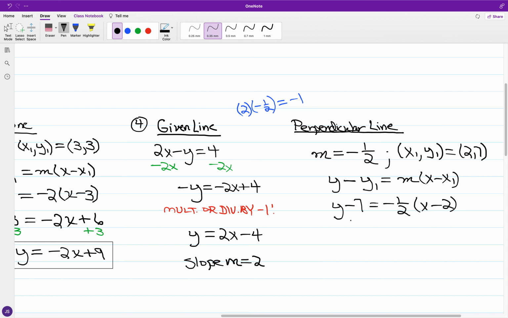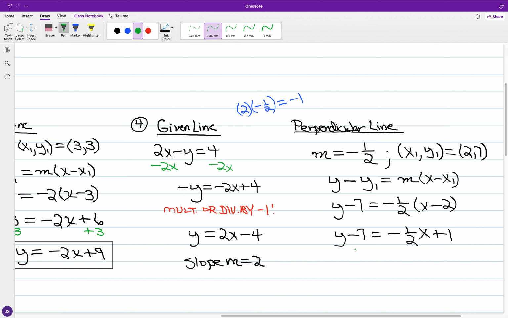So we have the point slope formula, and distributing to get closer to the slope-intercept, negative 1/2 times the quantity of x minus 2, and we have negative 1/2 of x, and negative 1/2 times negative 2 is going to be a plus 1.